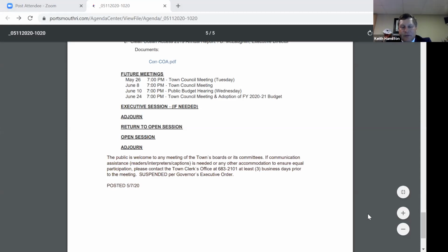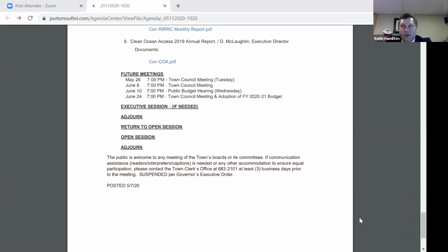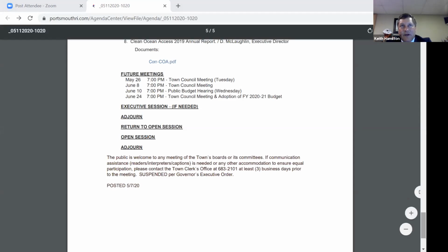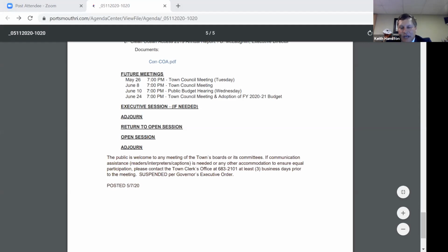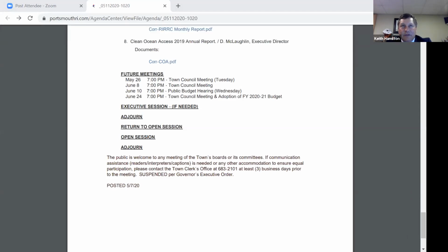I think we should just put it there as a placeholder. So that gives restaurants enough time to make a decision if they're going to try and put something together in the next 4 or 5 days, depending on the governor's guidance. I'd hate to see us hamstring any businesses that might want to try and do something, just by the mere fact that we don't have a meeting.